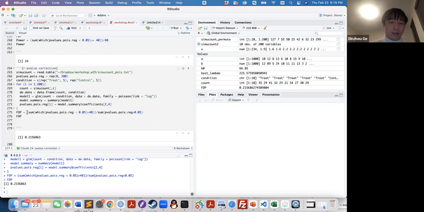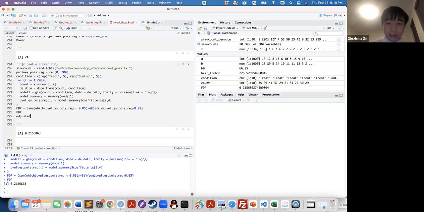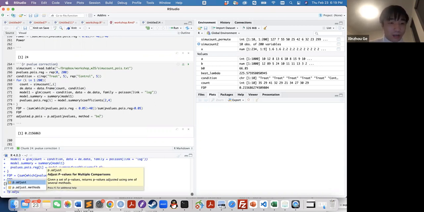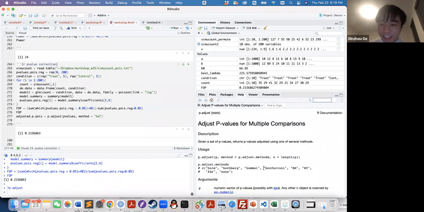So we would like to set the adjusted p to be p.adjust of the p-values, with method equal to Bonferroni. I may have forgotten how to spell this.